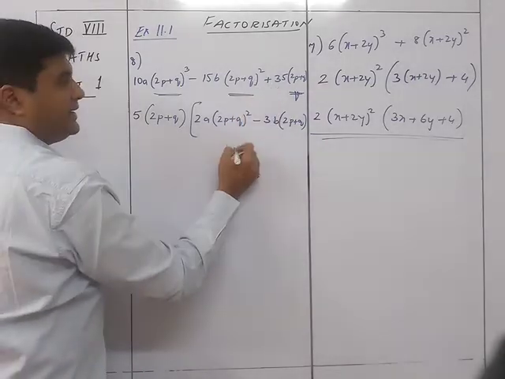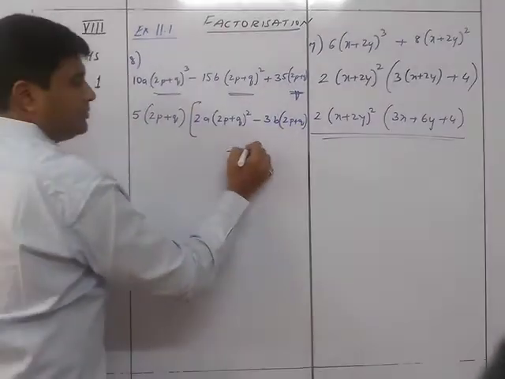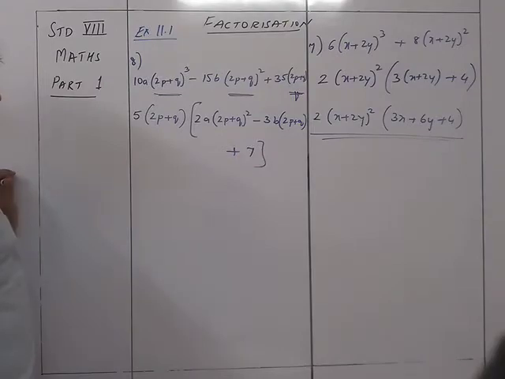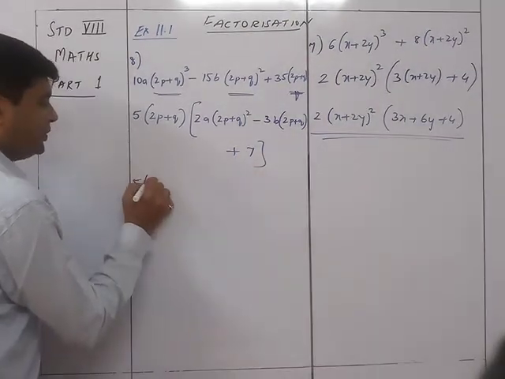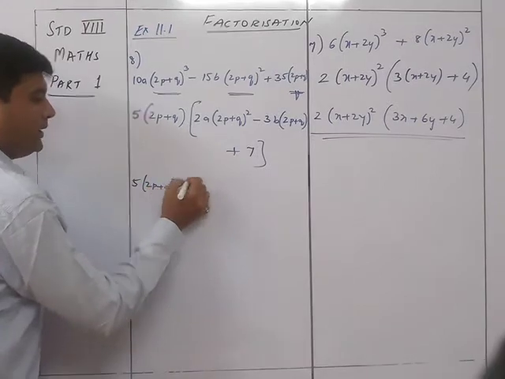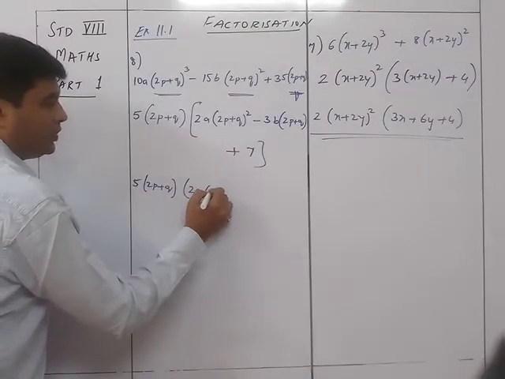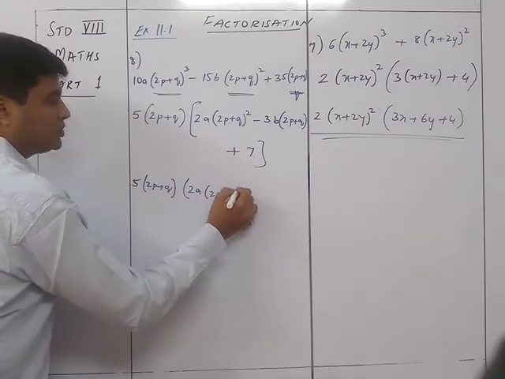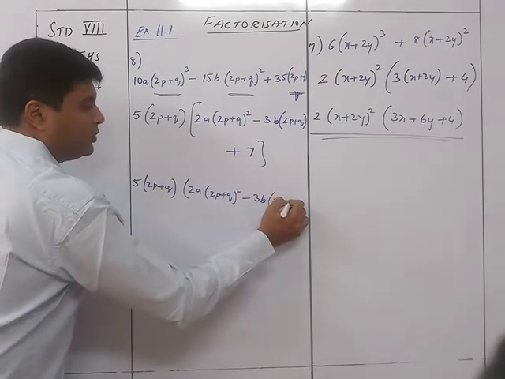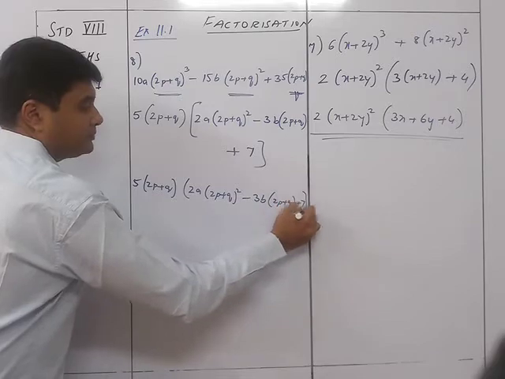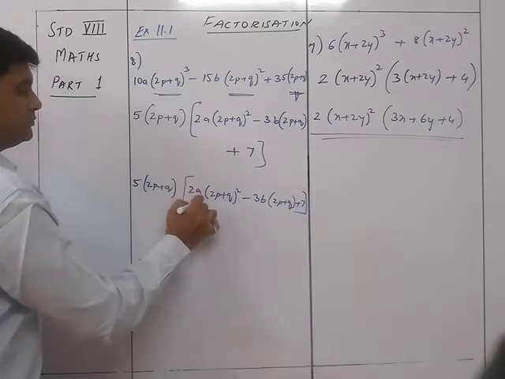And lastly, it is 35 divided by 5 is 7. So that's the answer. Okay, the final answer is 5 2p plus q into bracket 2a 2p plus q the whole square minus 3b 2p plus q plus 7. That's the answer.